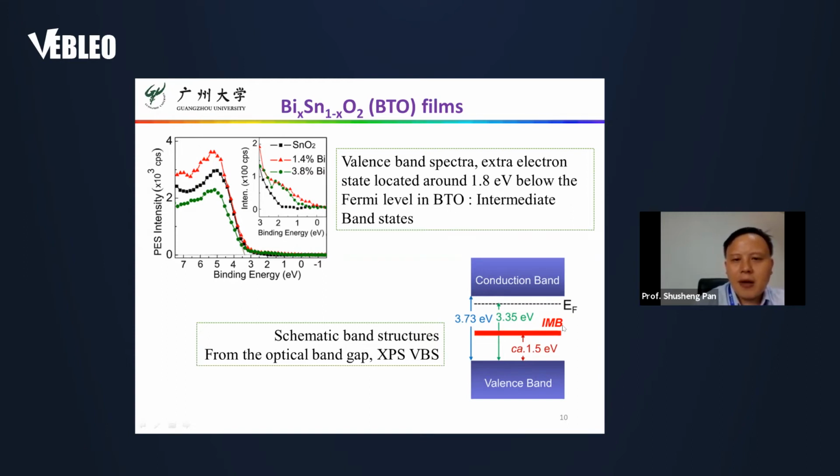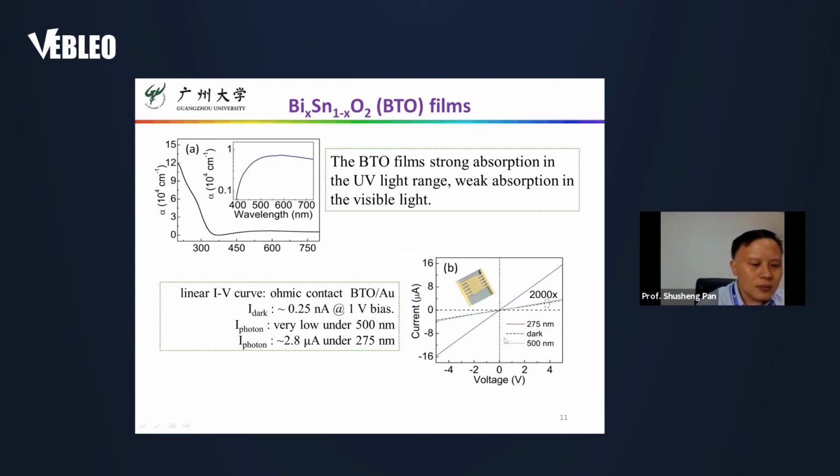This is the band structure from the optical band gap and the XPS valence band spectra. The BTO films, bismuth doped tin oxide films, have strong absorption in the UV light range, and the absorption in the visible light is very weak.